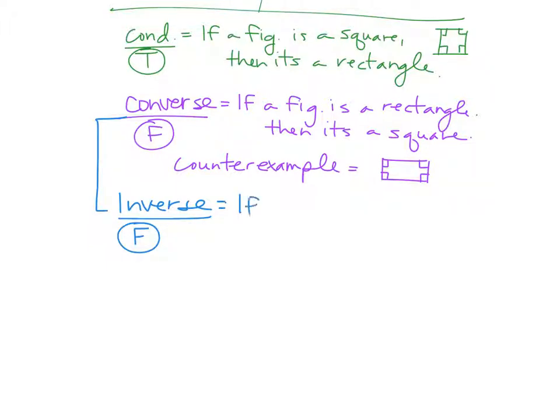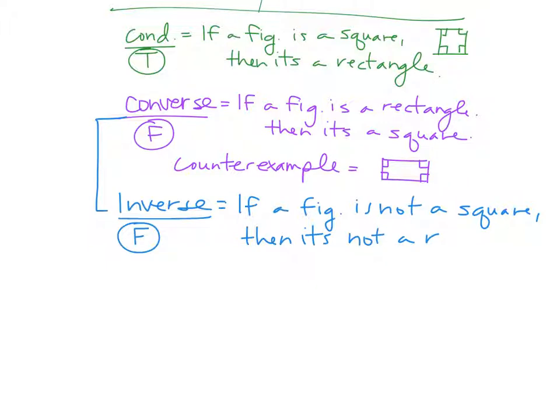If a figure is not a square, then it's not a rectangle. You have to negate both parts. Okay, so your counterexample would be what? The counterexample, not the next statement. Your counterexample could be the exact same thing.